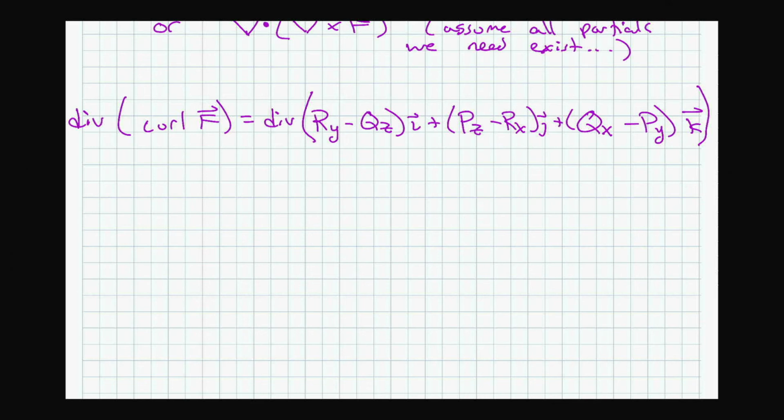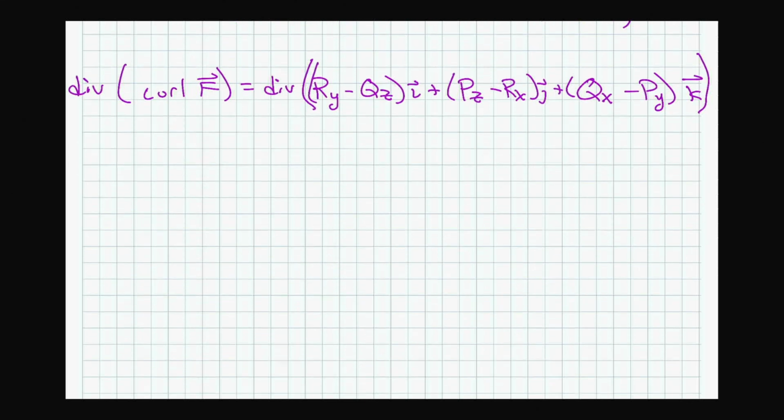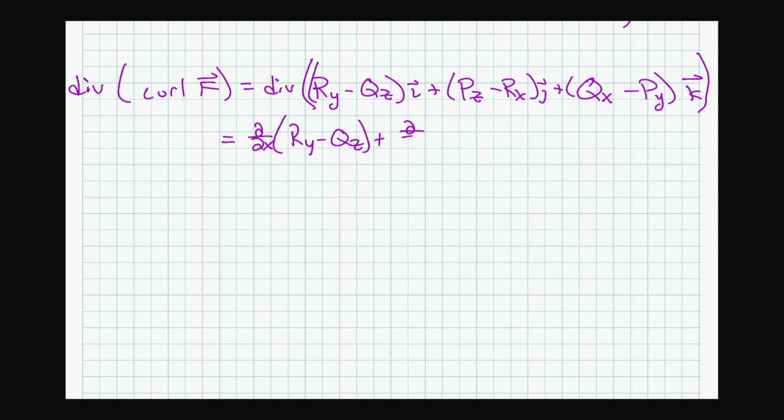Now the divergence, remember, is you do partial with respect to x of the first component, partial with respect to y of the second, partial with respect to z of the third. So there should be parentheses there, by the way. Okay, so this would be partial with respect to x, R y minus Q z, plus partial with respect to y of this one, P z minus R x, plus partial with respect to z, Q x minus P y, like that.